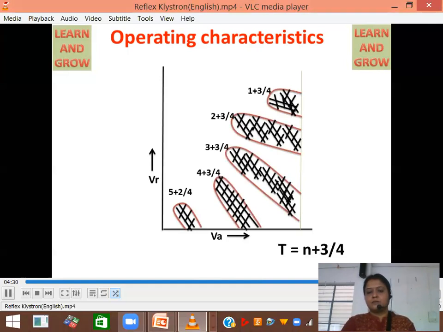It is given by T equals n plus 3 upon 4, where n is any integer, and modes 2 or 3 are most widely used. So its operating characteristics show the modes n plus 3 upon 4, such as 5 plus 2 upon 4, 4 plus 2 upon 4 and 3 plus 3 upon 4. That is the operating characteristics of the reflex klystron.